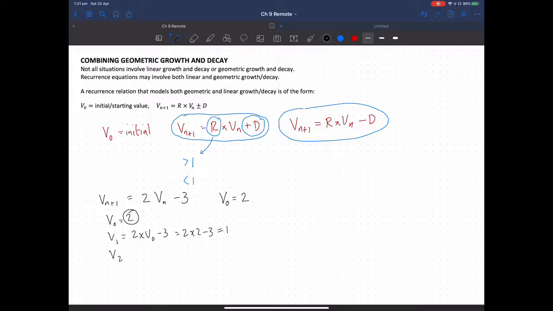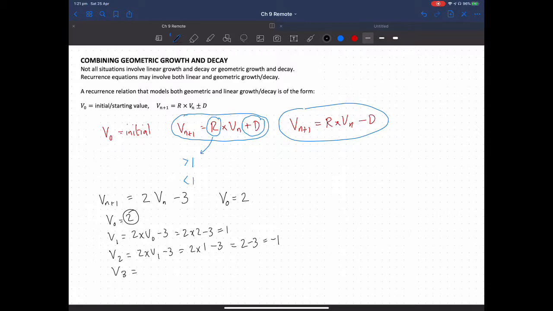V2 would be 2 times V1 minus 3. V1 was 1, so 2 times 1 minus 3. 2 times 1 is 2, so we've got 2 minus 3. 2 minus 3 is negative 1.